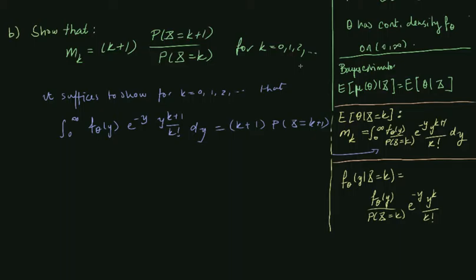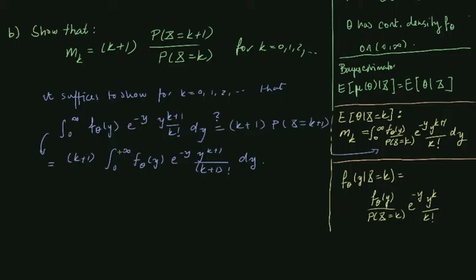So let us take a look at how we can show that. First of all, let us note that we want to, in some way, factor out a k plus 1. So we can multiply by k plus 1 on the outside and then divide by it on the inside, in which case we will have y to the k plus 1 divided by k plus 1 factorial dy.